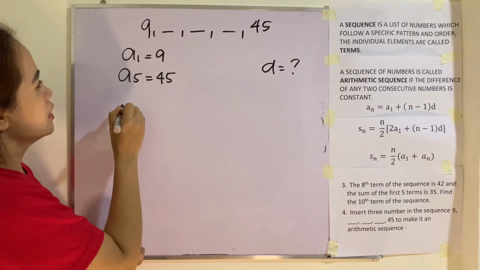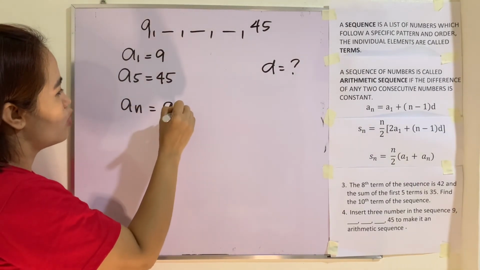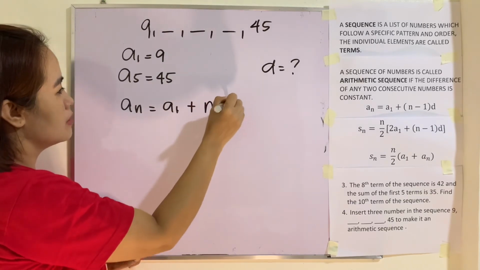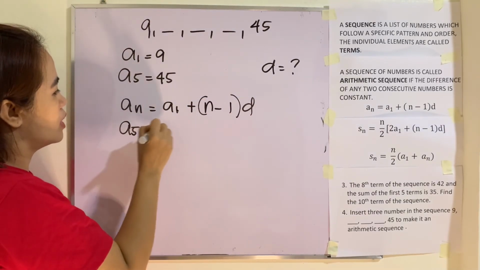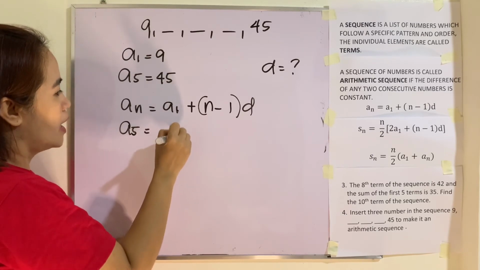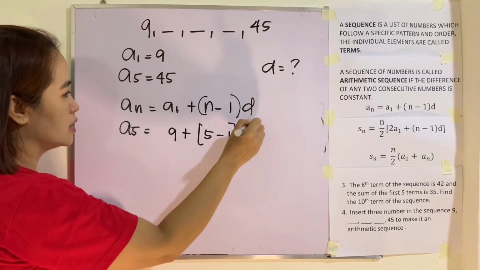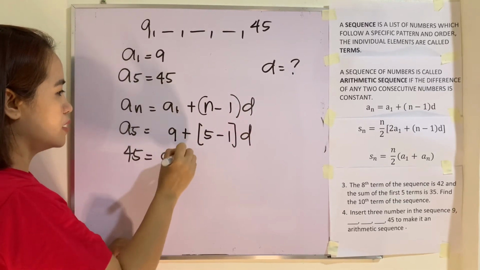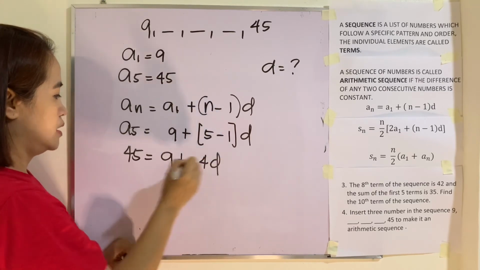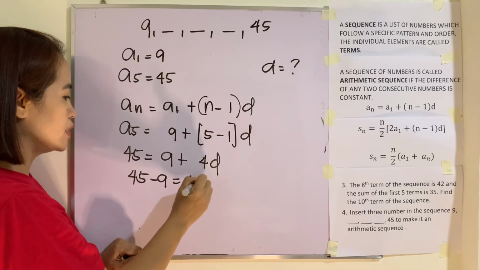So let's find it. So we will be using, of course, a sub n is equal to a sub 1 plus n minus 1 d. So a sub 5 equals a sub 1, 9 plus 5 minus 1 d. A sub 5 is 45 equals 9 plus 4d. 45 minus 9 is equal to 4d.